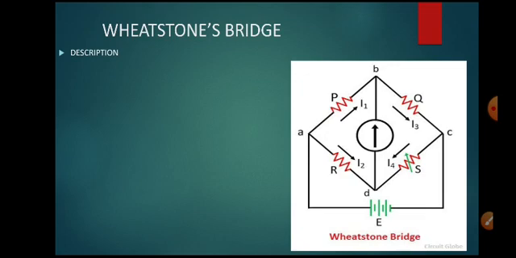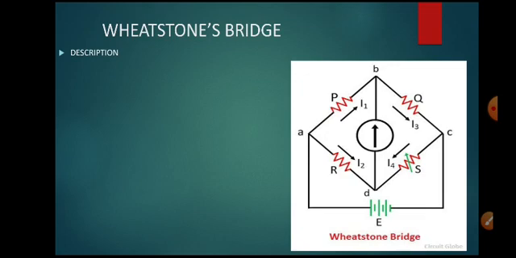In between the remaining two vertices, B and D, a galvanometer is connected. This galvanometer G is a device used to detect the current. The galvanometer G is connected in between B and D.